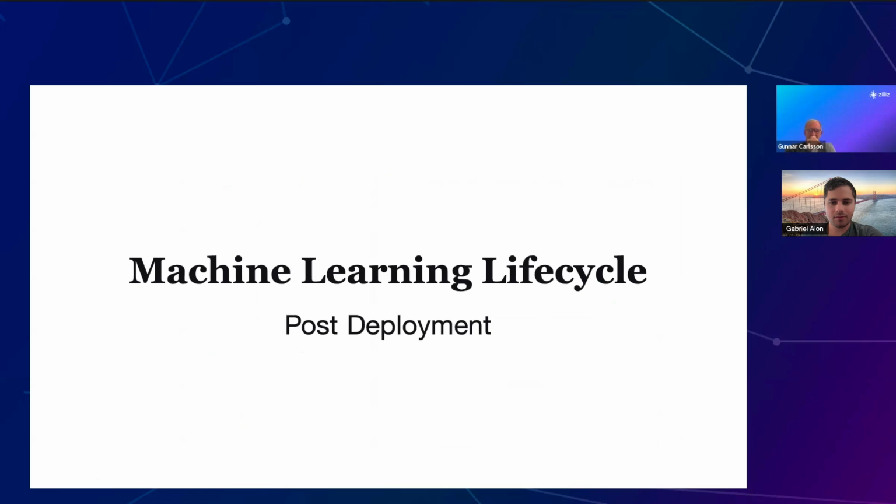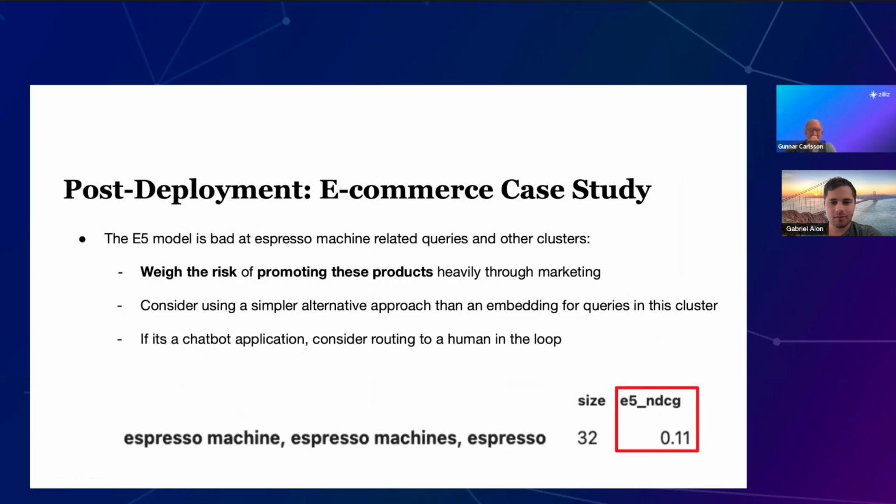Next part of the life cycle is post-deployment. We had identified in this case study, in this data set, for example, that espresso machine queries performed very poorly. And we surfaced that information, and that told us something novel that the average performance across the whole data set did not.